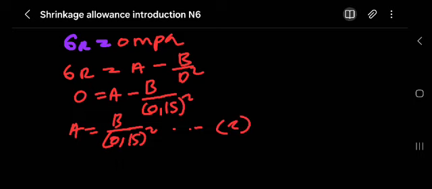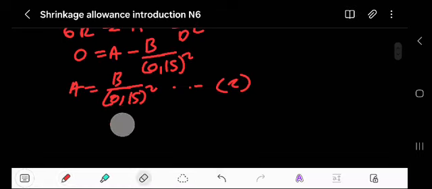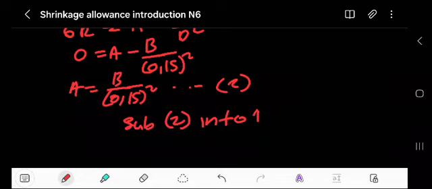Then it's a matter of algebra again. Now we substitute equation 2 into equation 1.